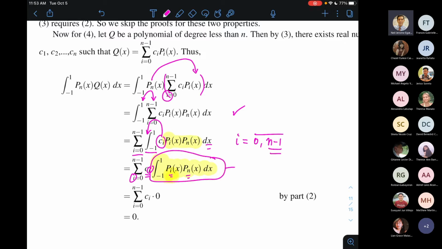So, itong buong integral na yon ay equal lang kay 0. And then here we are summing up ci's constants times 0. So what we'll get is just 0. So indeed, the Legendre polynomial is orthogonal to all polynomials of degree less than n. Okay? Any questions about the proof?